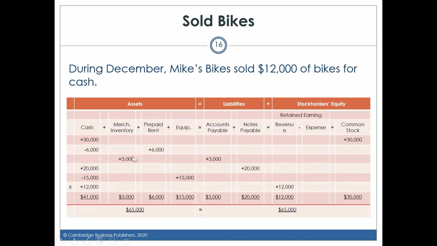Now it's not showing the decrease in the merchandise inventory here. But it is showing what else happened. We earned $12,000 of revenue. So we have to recognize the $12,000 of revenue. Revenue goes up by 12,000.